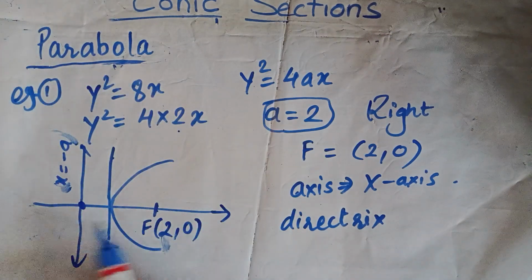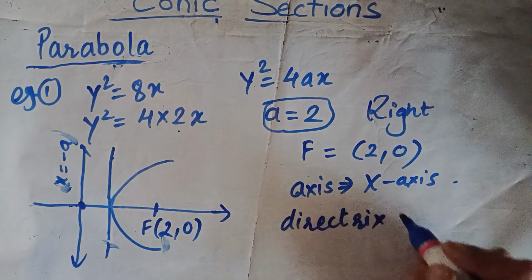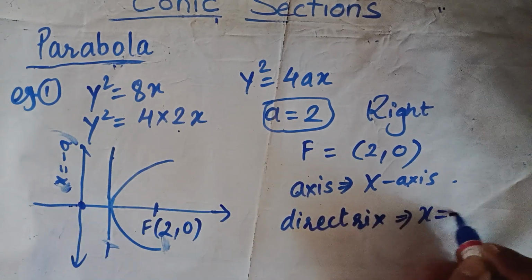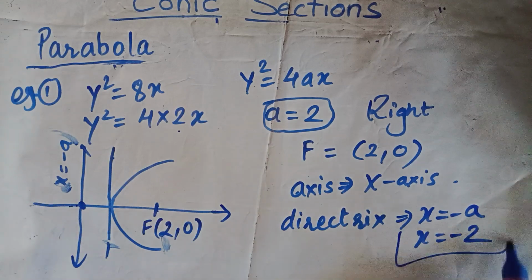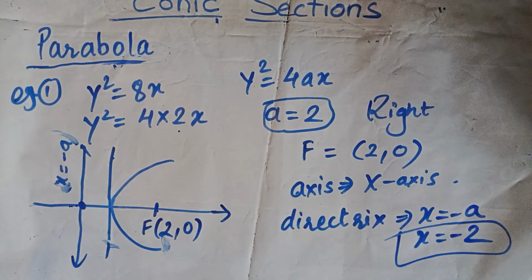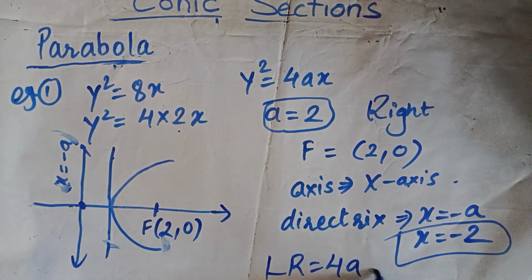So x equal to minus a, that is minus 2. This is the equation of the directrix. What about the latus rectum? Latus rectum is given by 4a, 4 into 2, so 8.